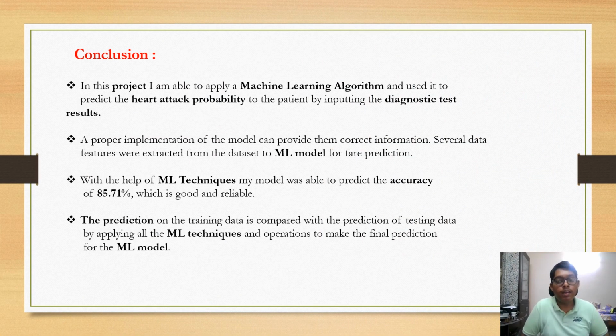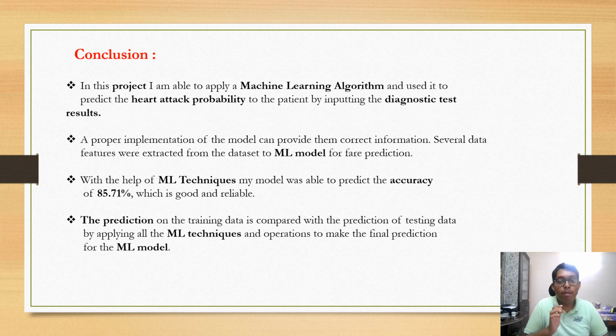And finally, in this project, I was able to apply a machine learning algorithm and use it to predict the heart attack probability of a patient by inputting the diagnostic test results. A proper implementation of the model can provide correct information. Several data features were extracted from the data set for the ML model to predict the result.